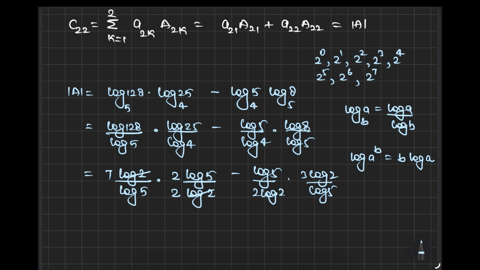So this is gone, this is gone, this is gone, this is gone. We are left with 7 minus 3 by 2. Now you can simplify 14 minus 3 by 2, which is 11 by 2. So we got the determinant as 11 by 2.